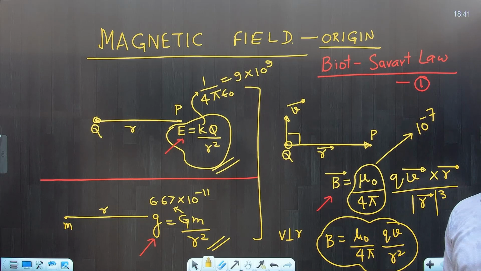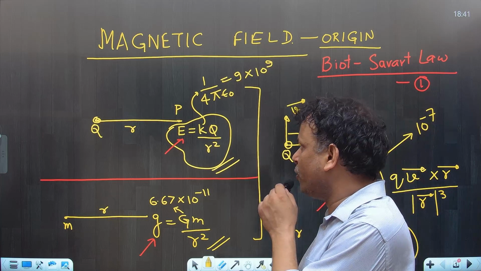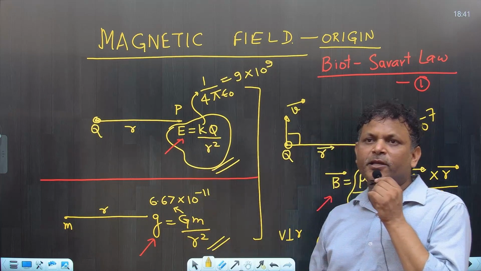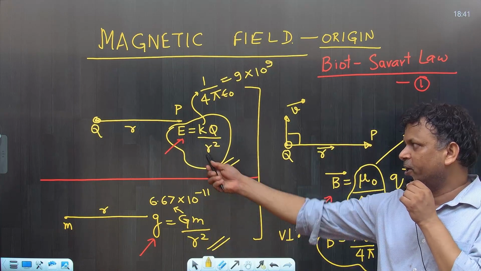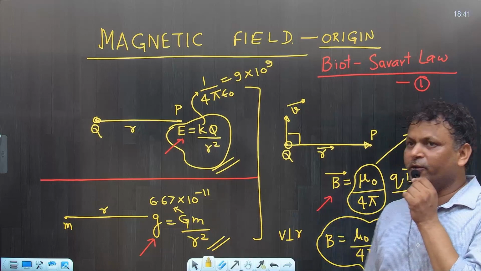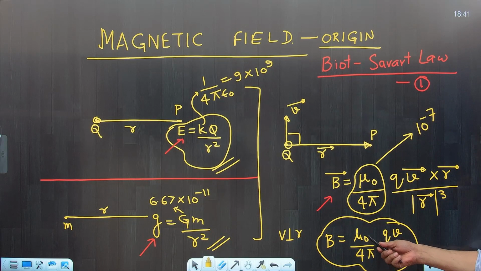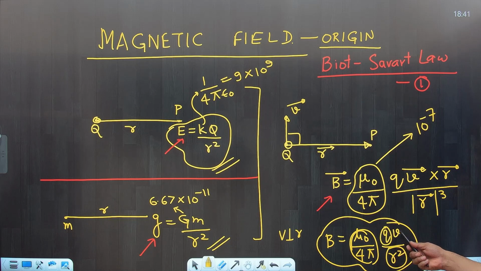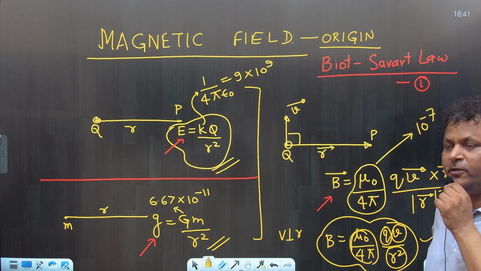But it is very interesting to know that there is no expression of velocity in these two terms. There is only q and there is only mass: kq by r square, and GM by r square. But here, some constant into q by r square, there is v also. So it is very important to understand this and to calculate the magnetic field at a point P.